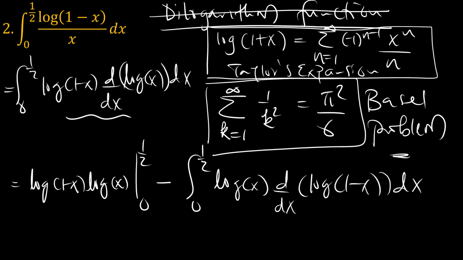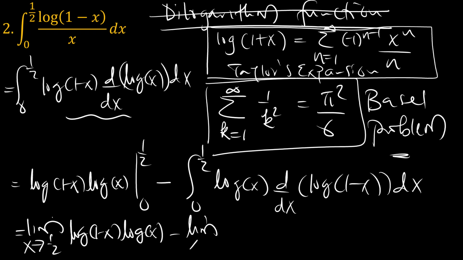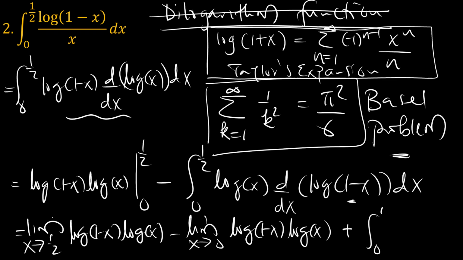That brings us to, here we will say, the limit as x tends to a half of the natural logarithm of 1 minus x times the natural logarithm of x, minus the limit as x tends to 0 of the natural logarithm of 1 minus x times the natural logarithm of x, minus, so this becomes plus, from the derivative of this, the integral from 0 to a half of the natural logarithm of x over that.